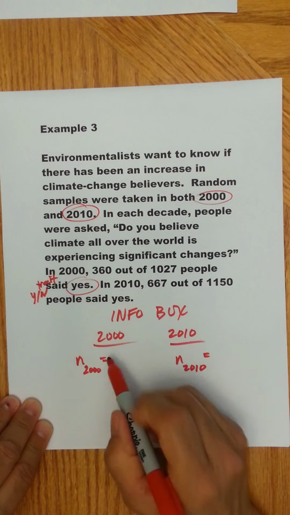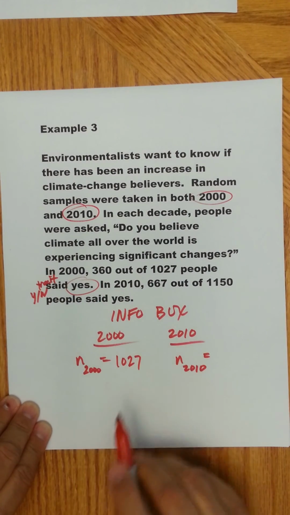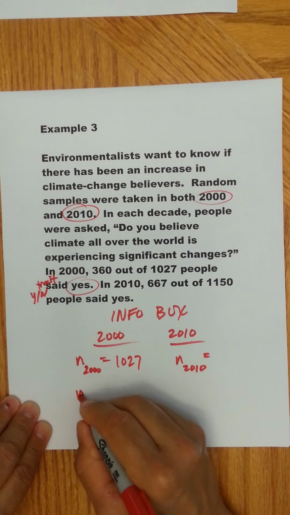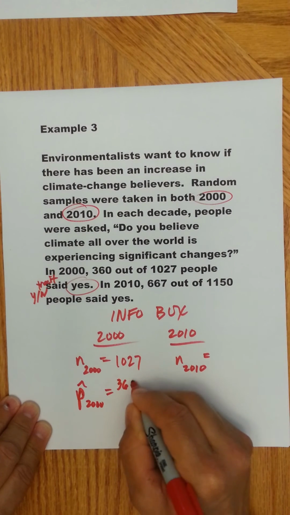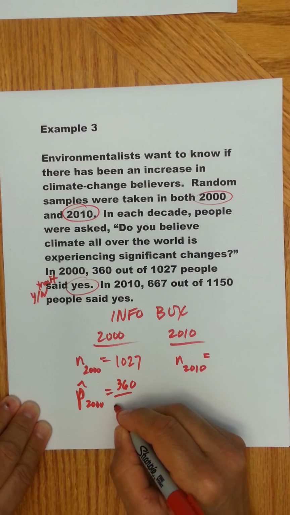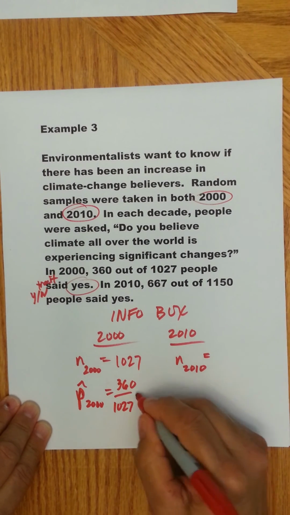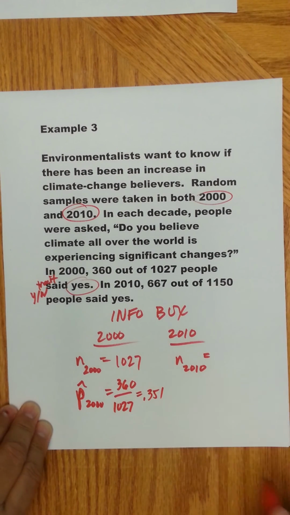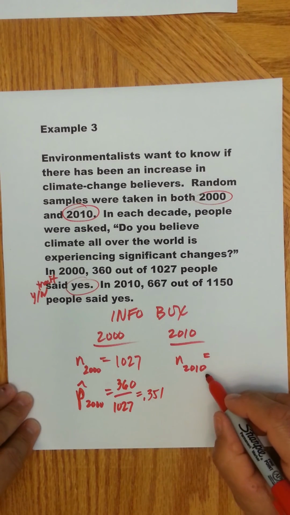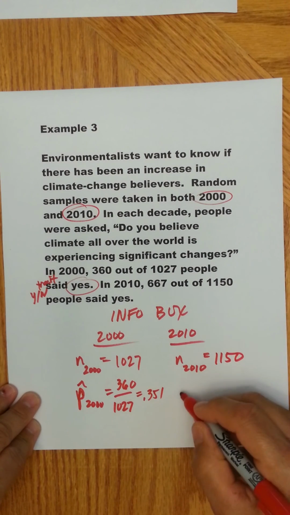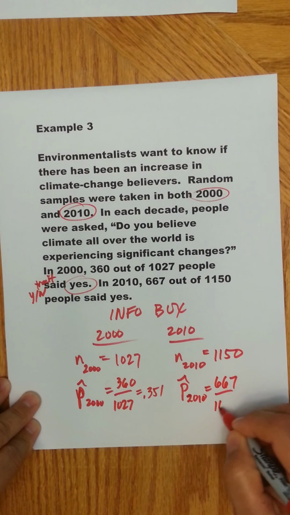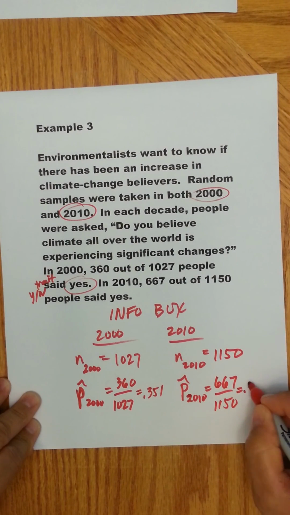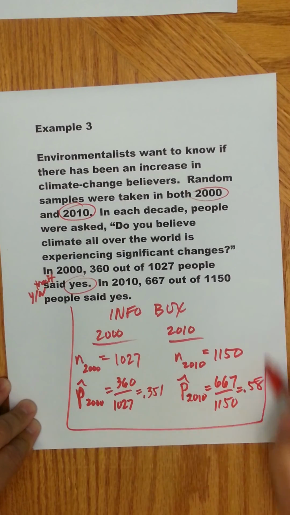So here in 2000, 1,027 people were asked the question, and then the sample proportion was 360 out of the 1,027, which is 35.1%. Versus in 2010, you had 1,150 as your sample size, and sample proportion was 667 out of 1,150, or 58%. So there's my info box.